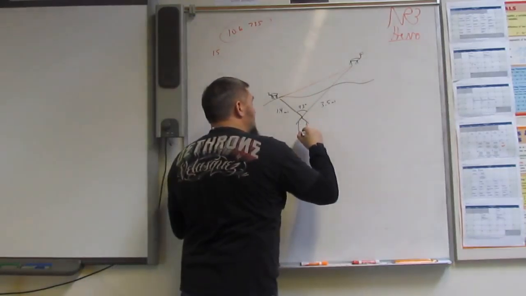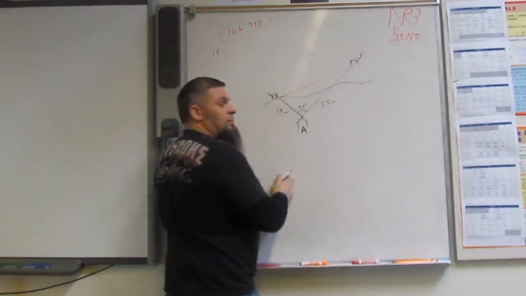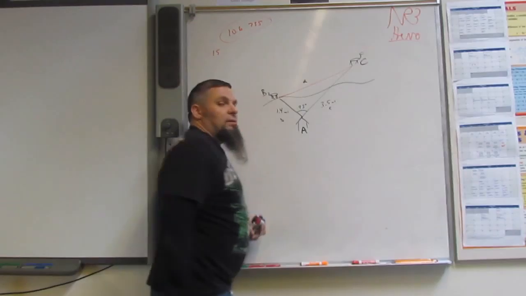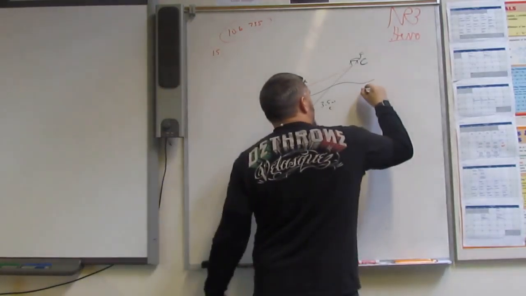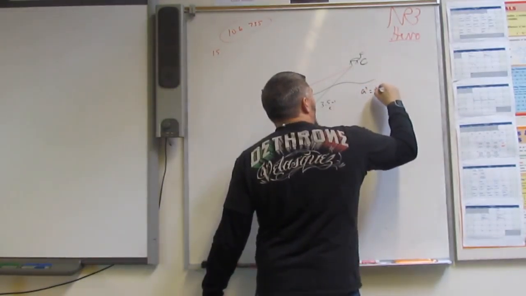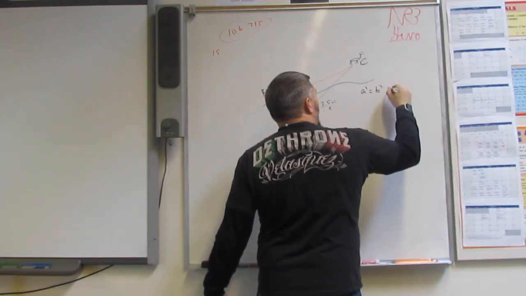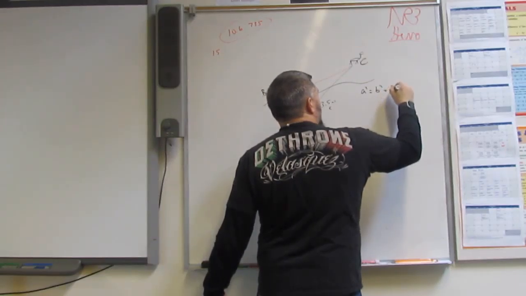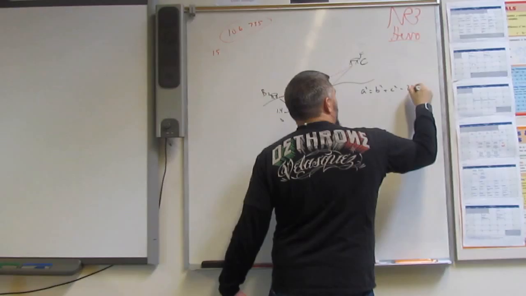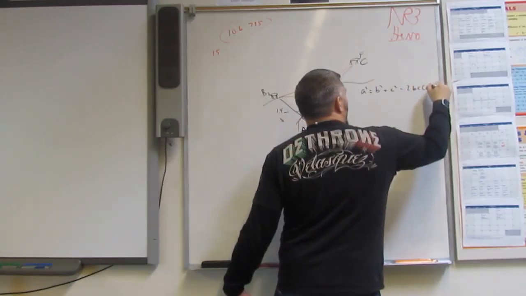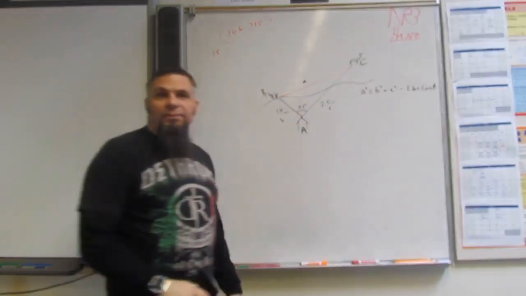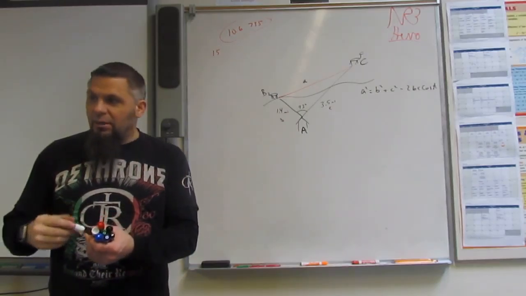Angle A, angle B, angle C. So this is A, B, and C. And so it goes right back to a squared equals b squared plus c squared minus 2bc cosine A. Right? That's our law of cosines.